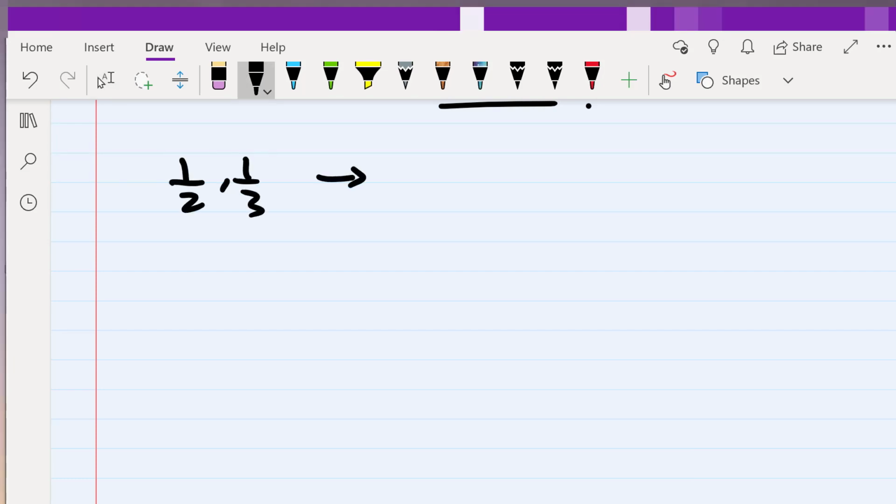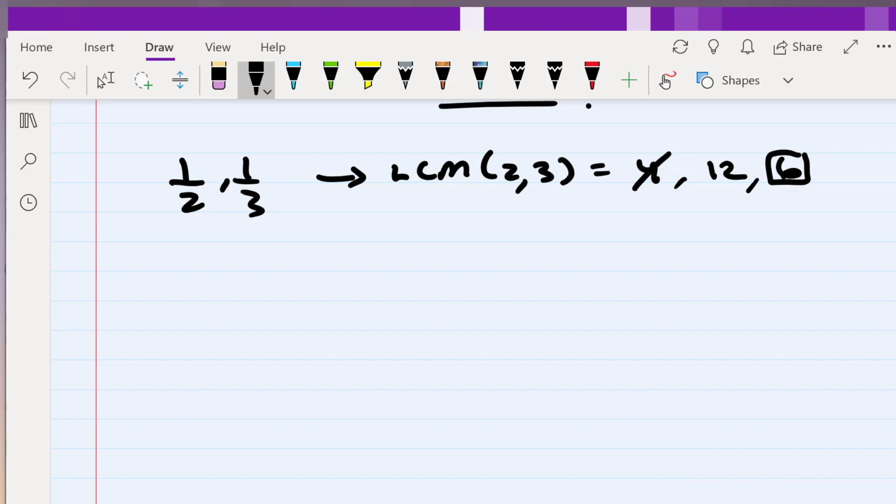To get the lowest common multiple, or LCM, of 2 and 3, which are the denominators of the two fractions, well, 4 is a multiple of 2 but not of 3. 12 is a multiple of 2 and 3, and also 6 is a multiple of 2 and 3. But 6 is the lowest common multiple, so we pick 6.